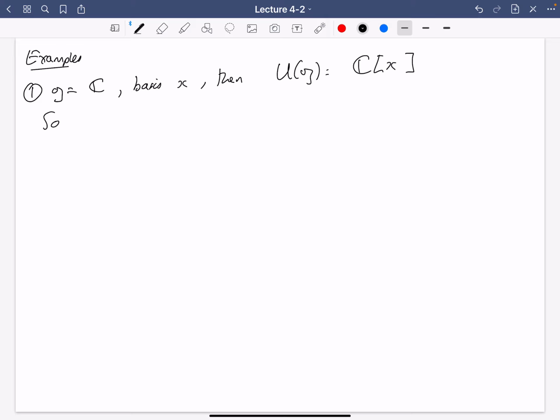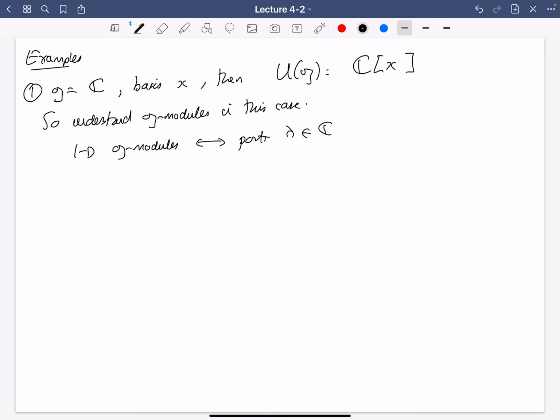So in this case, because we're pretty good at modules over this PID, we understand g-modules completely in this case. For example, the one-dimensional ones, well, they just correspond to the points lambda in the field, so we have x acting as the scalar lambda. The finite-dimensional g-modules, well, remember your theory of finite-dimensional modules over this PID C[x], so these correspond to the Jordan normal forms.